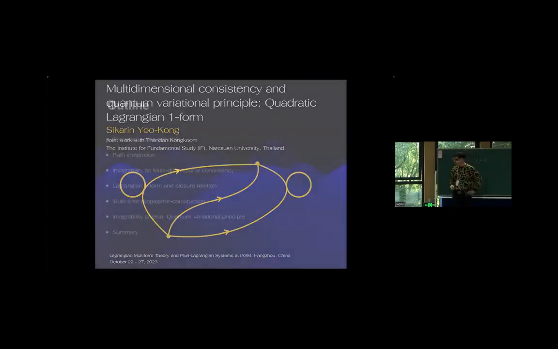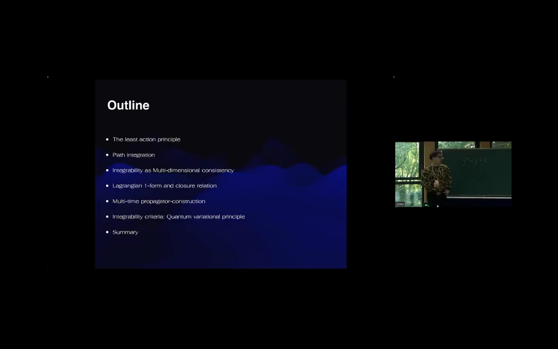Okay, so this is what I'm going to tell you today. I'm going to start from the basic thing, like the reflection principle, and then how to construct the propagator in the standard way, and talk about integrability in the context of multidimensional consistency, which I believe you know more or less from the beginning of the day, this notion of multidimensional consistency.